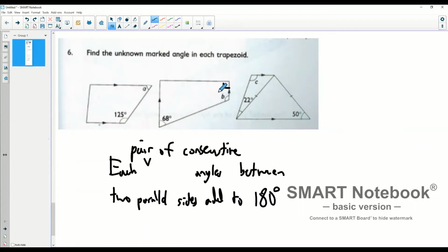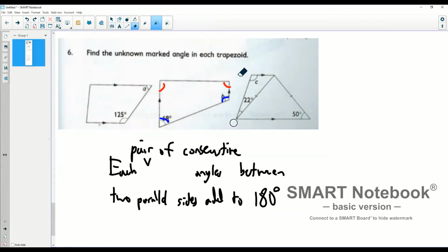Actually, I'll put it this way. I'll use red. So either these two angles, or these two angles, or these two angles, or these two angles. So it has to be an angle that's next to it. And also keep in mind, it can only be angles that are on parallel sides. So for this trapezoid, it's only the red ones or the blue ones. These ones add up to 180. Blue and blue, and red and red.